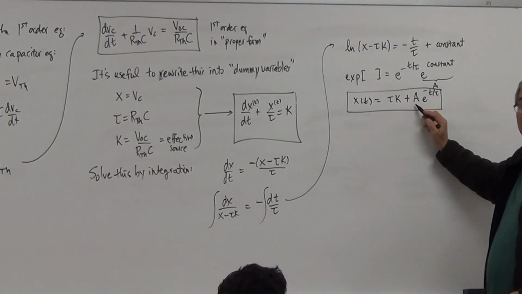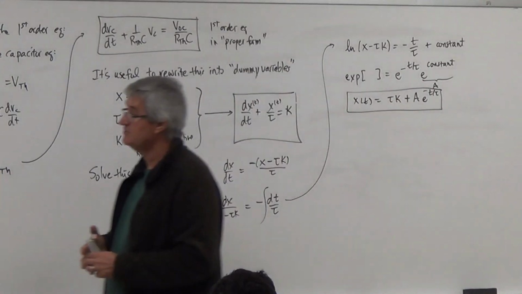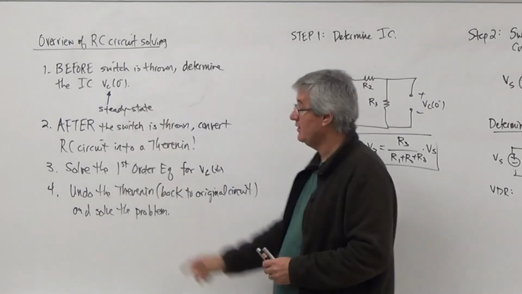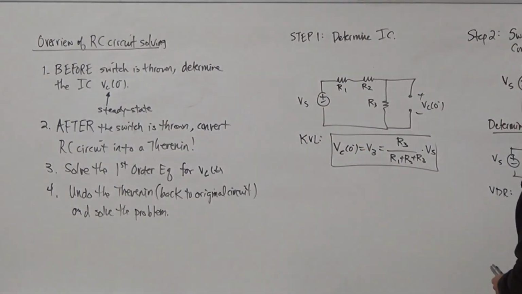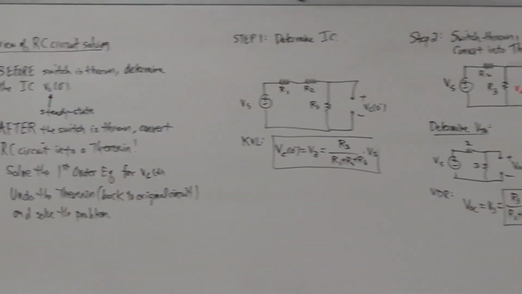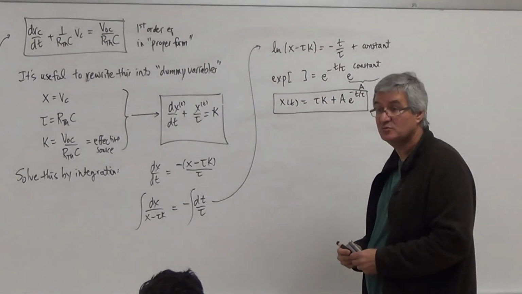The way I'm going to force this condition so that it's in nice form is this. I know that the initial steady state has to be this, and I know that the final state has to be this right there. So I can force this to behave this way.